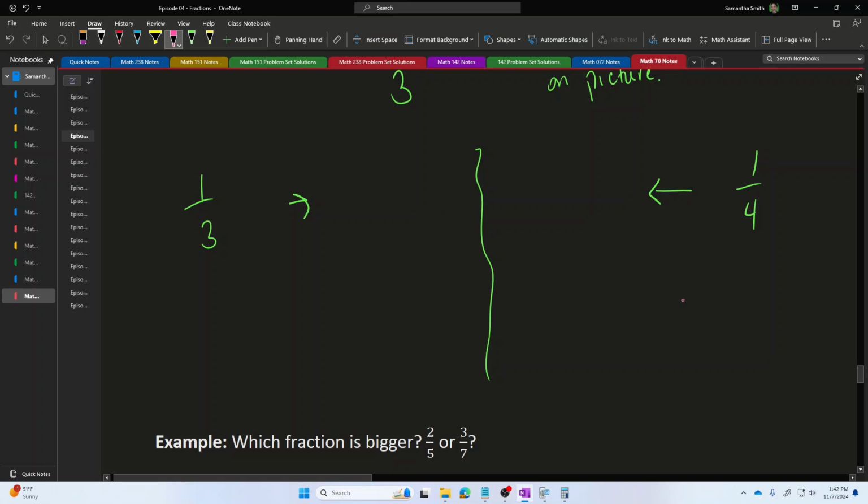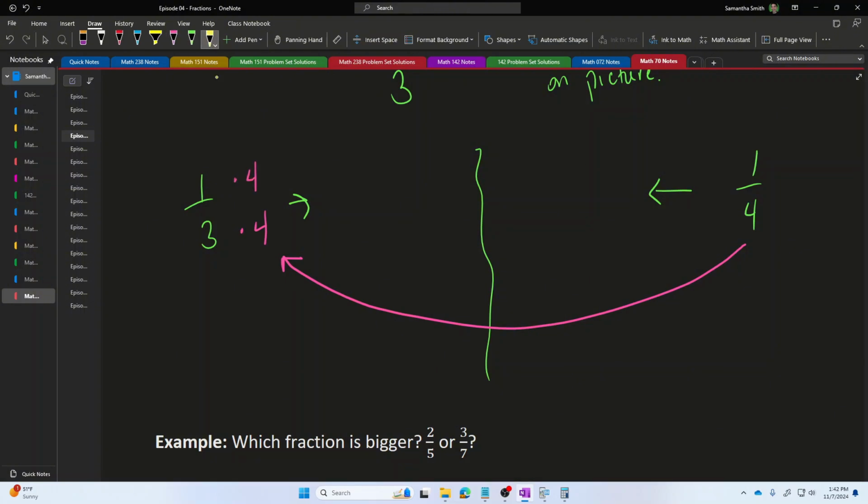So one really easy way to get two fractions to have the same denominator is to just use fraction number two's denominator over here and fraction number one's denominator over here. If I multiply 3 by 4 and 4 by 3, both of those results will end up the same.